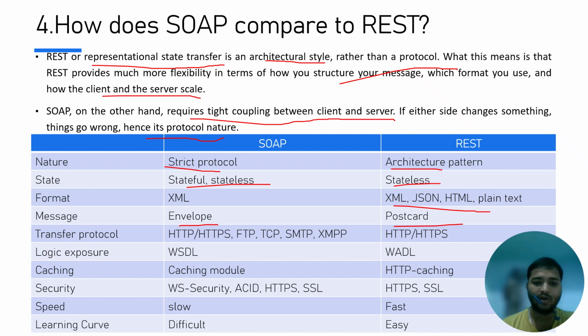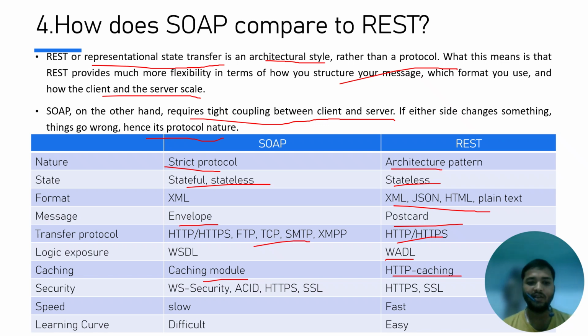SOAP transfer protocols are HTTP, HTTPS, FTP, TCP, SMTP, XMPP, and REST transfer protocols are HTTP, HTTPS. SOAP logic exposure is WSDL, and REST is also WADL. SOAP caching, and REST HTTP caching.